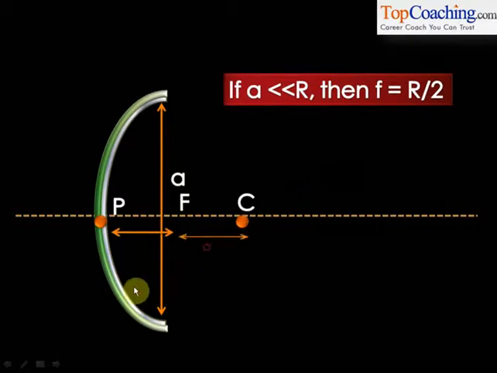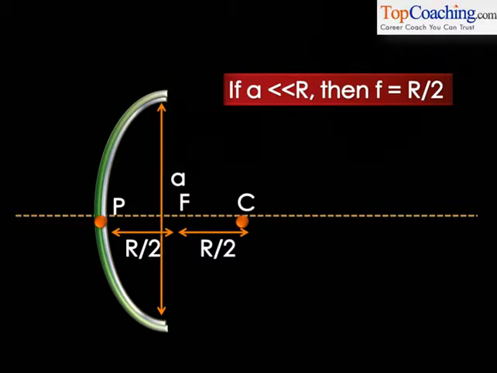Understood? So here, the distance PF and the distance FC will both be R by 2, half of the distance between P and C. Or you can say that the point F here lies exactly midway between the pole and the center of curvature. So the focus lies midway between the pole and the center of curvature.